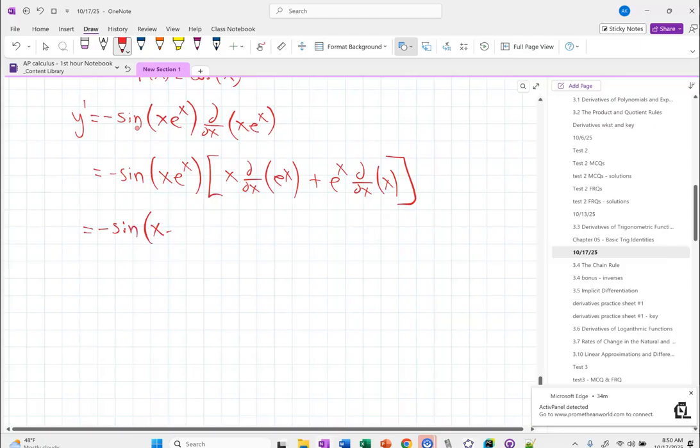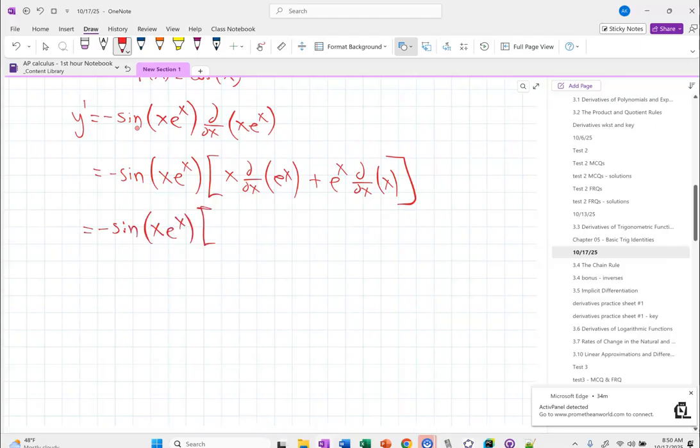It's going to be really important, as these start getting more and more complicated, that you're able to keep good track of doing one thing at a time, staying organized. Because if you get something that has chain rule inside a quotient rule, inside a product rule, with another chain inside of that, it's really easy to get turned around if you're trying to do too much at one time.